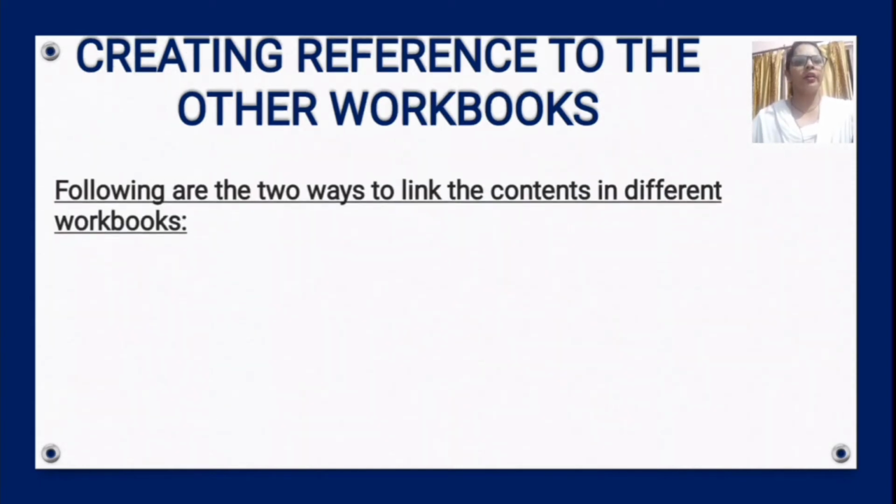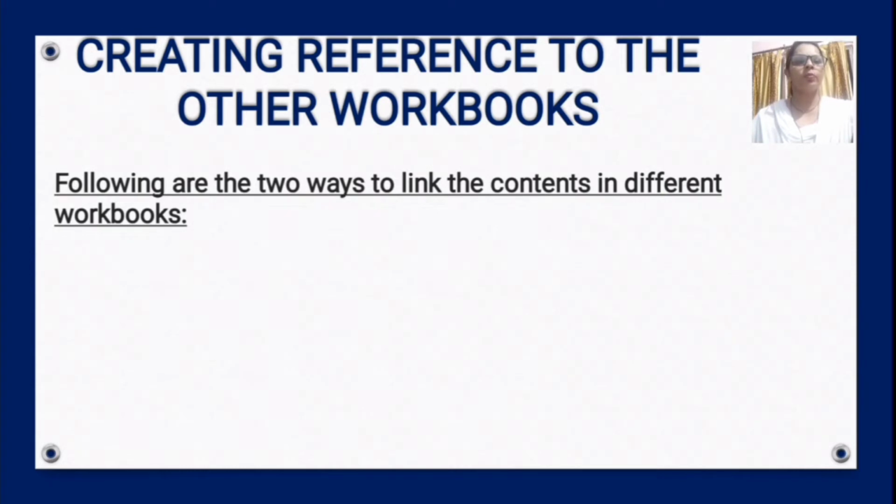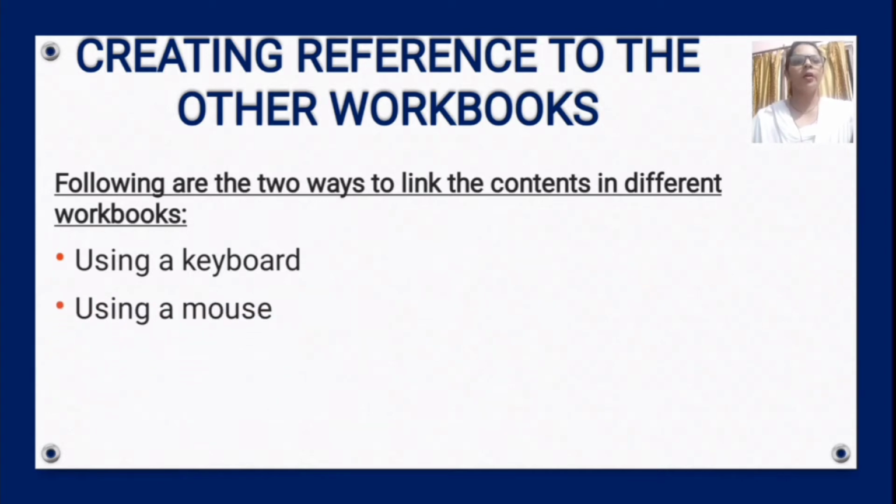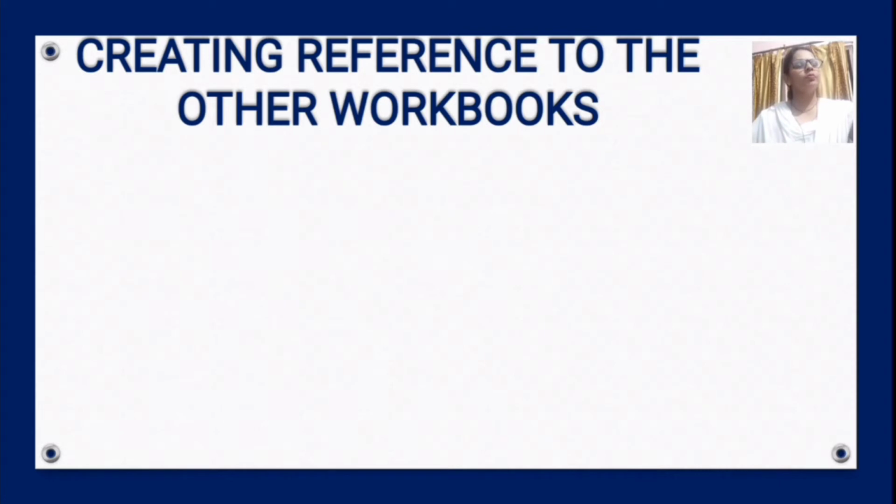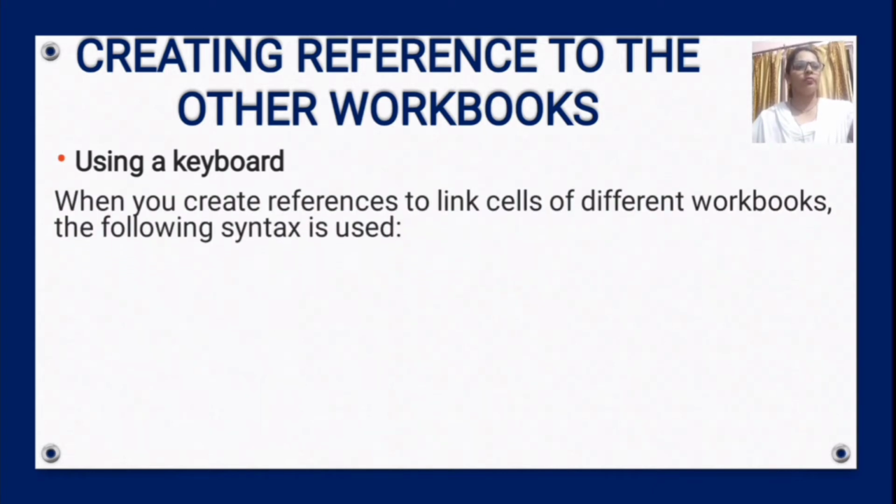So for creating a reference to another workbook, follow these two ways to link content of a different workbook: using keyboard and using mouse. The same steps we follow in our worksheet. Now when you create the reference to link a different workbook, the following syntax is used.